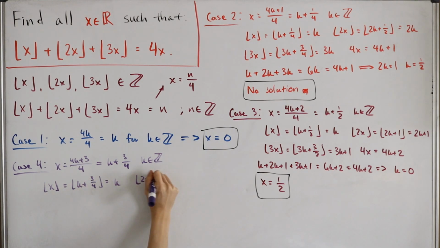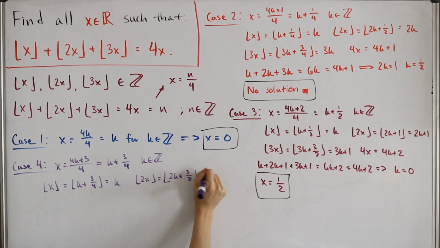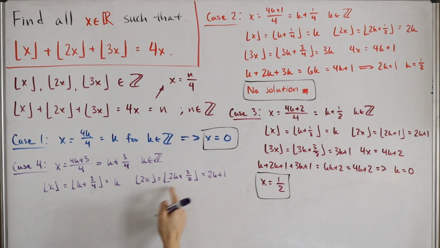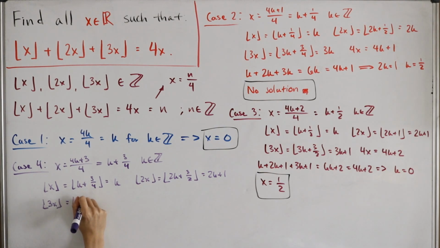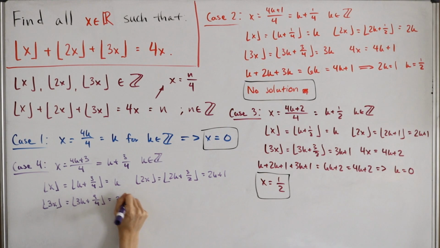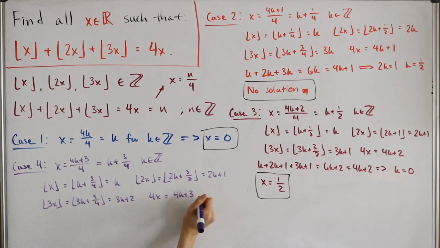Next I have 2x, so I have 2k plus 3 divided by 2, which is still 2k plus 1 when you take the floor of the entire thing. Next the floor of 3x is 3k plus 9 divided by 4, and you take the floor of that entire thing, I have 3k plus 2. And for 4x, substituting this back in, I have 4k plus 3.